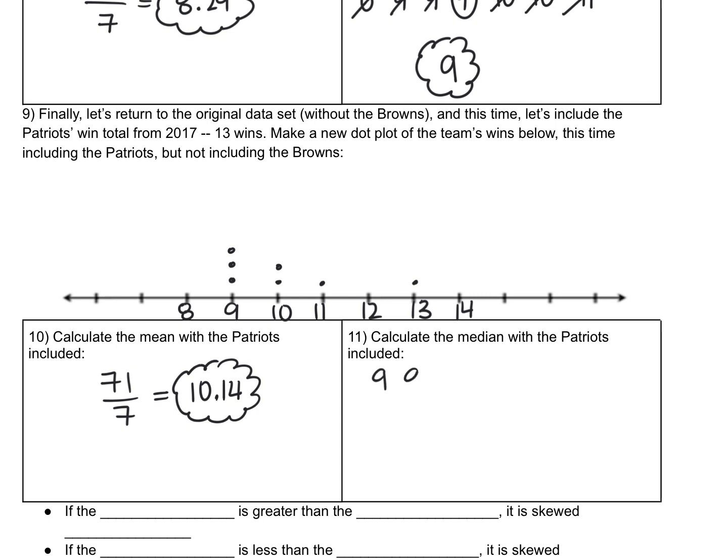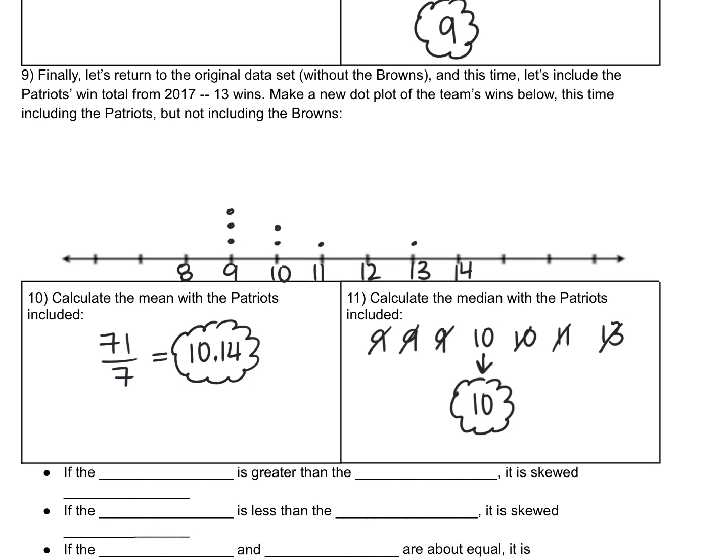For my median, I have my 3 9s, my 2 10s, my 11, and my 13, and I end up with 10. So again, the median didn't change a whole lot, 9.5 to 10, but my mean changed quite a lot more. It went from 9.67 all the way up to 10.14.